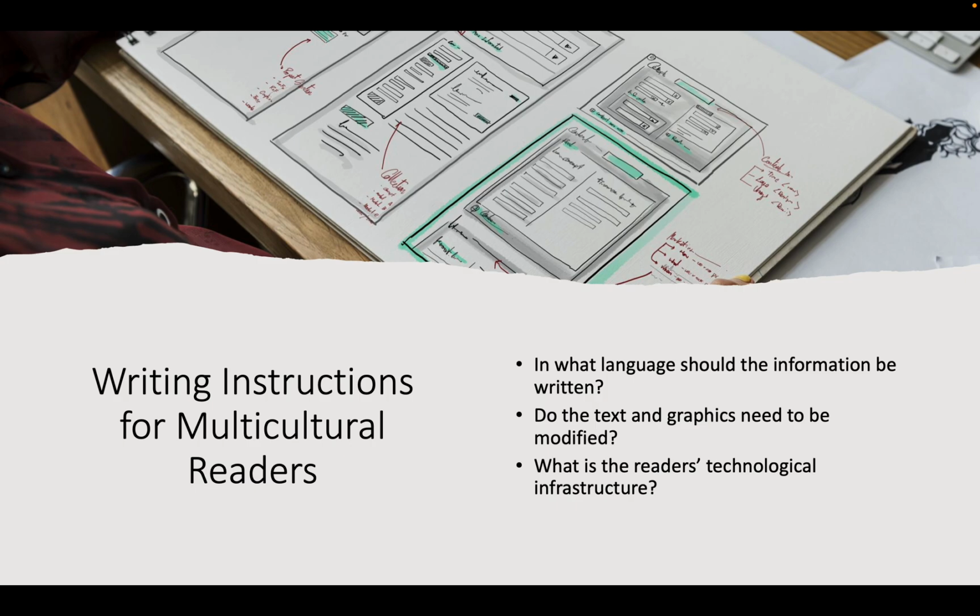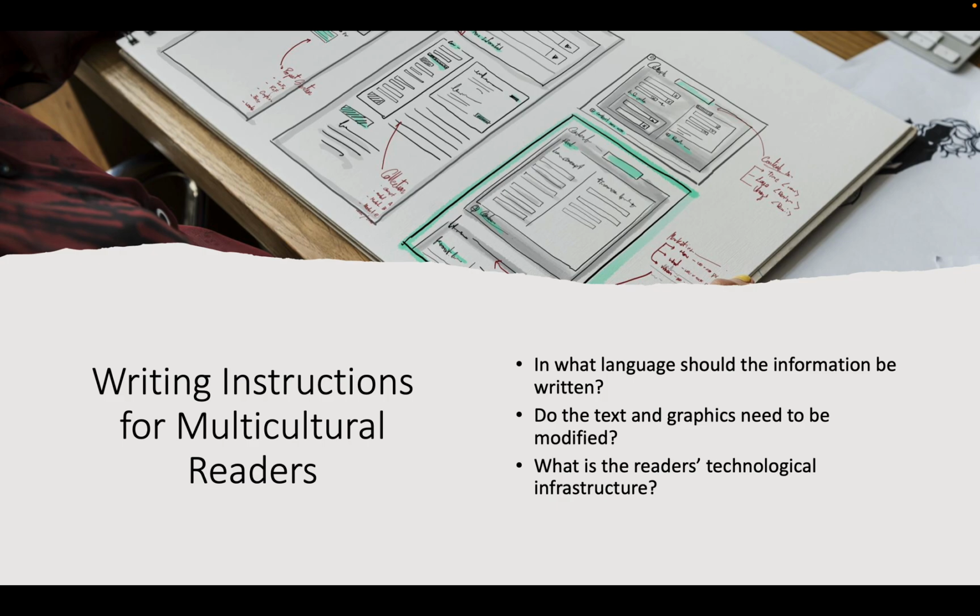When you are writing instructions for multicultural readers, there's some things that you want to think about. First of all, in what language should the information be written? A lot of times, if you're looking at instructions and they're written locally, we see them written in English and Spanish because those are the most predominant languages in our area.